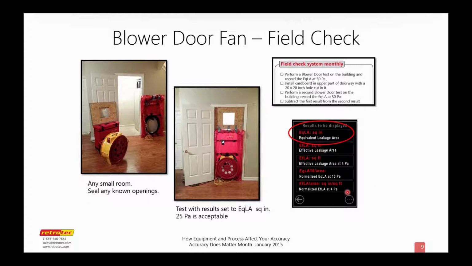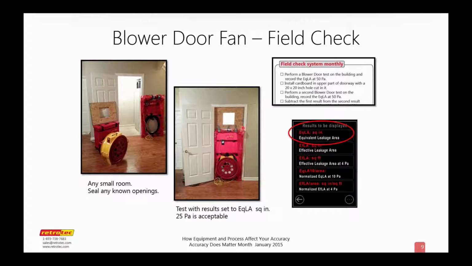Okay, so now we have our gauge set up. We put the blower door into the frame of the door, whichever door we want to use, the one that opens to the outside or outside of the room. We leave the top of it open. You can see here that there's a wood panel that's been used, and a square has been cut.